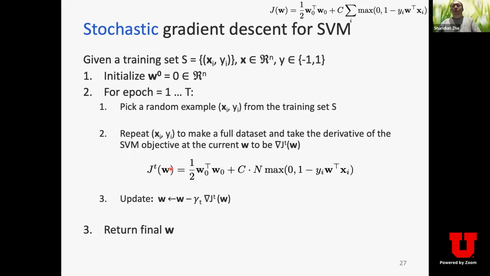Based upon that, we formulated a constrained optimization problem, and after some simplification we got the objective function of SVM in this form. Here, W is the augmented version. Remember the notation trick where we fold the bias parameter B into W, so W0 is the original weight vector, and Xi is augmented with a 1 to account for the bias parameter B, so that the functional margin is simply W transpose Xi.